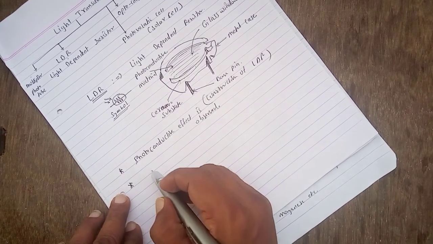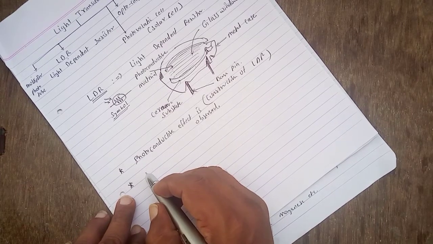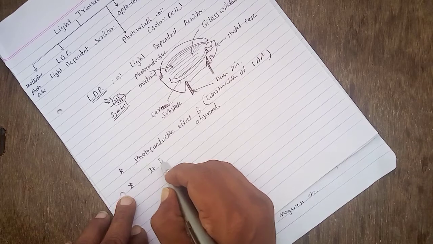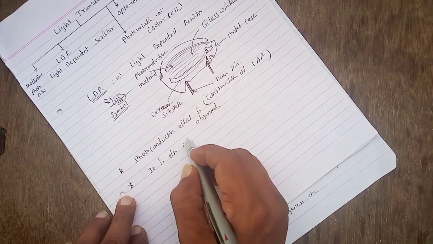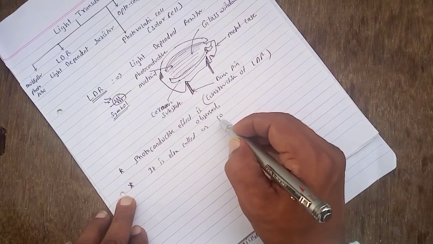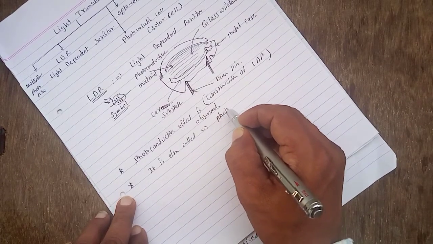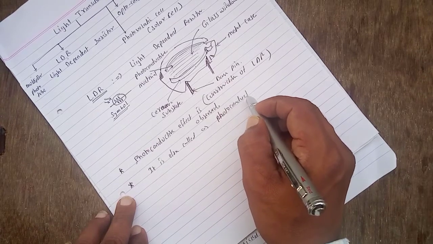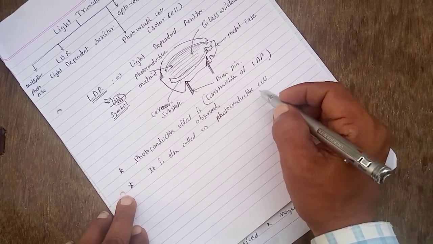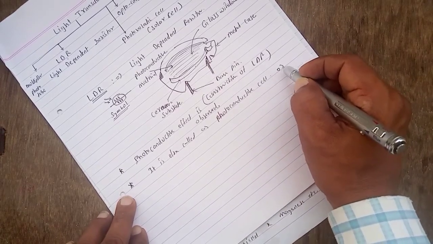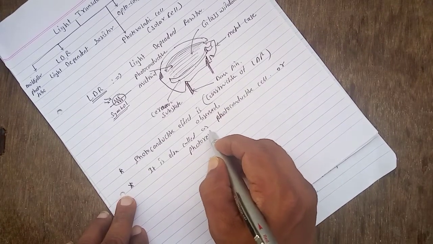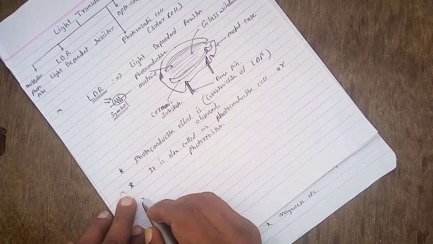The second point to keep in mind is that the LDR is also called a photoconductive cell, or in other words, a photoresistor.